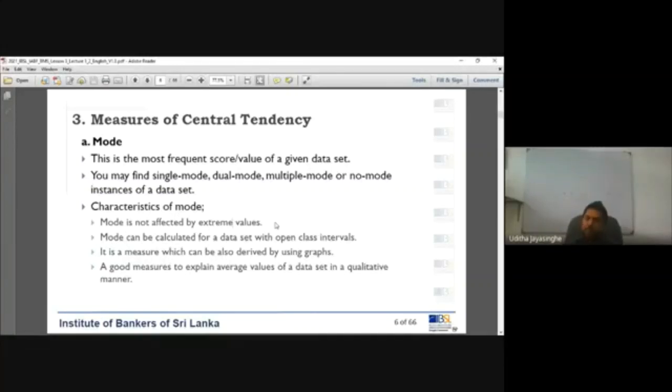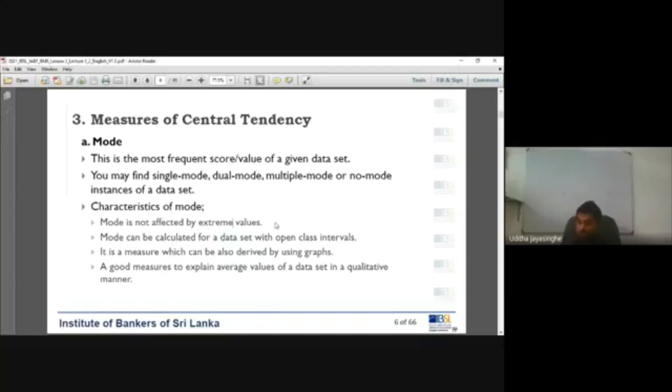It is a good measure to explain average values of a data set in a qualitative manner.